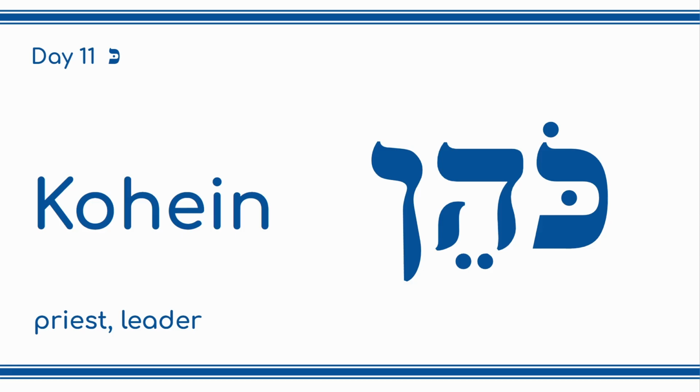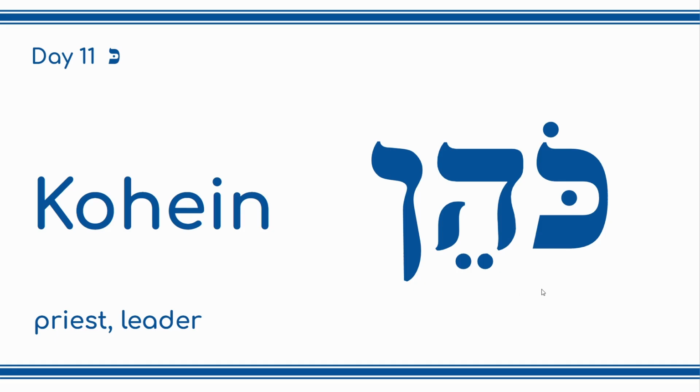So the way you know the context of this word is, if it means leader, it's usually referring to, say, the word may be tied to the land. For example, this person was a Kohen in that land, or in the palace or something like that. You can usually tell from that context. It means a leader of some sort.